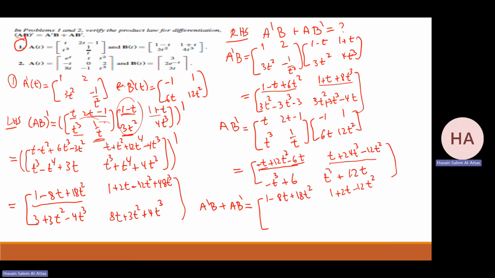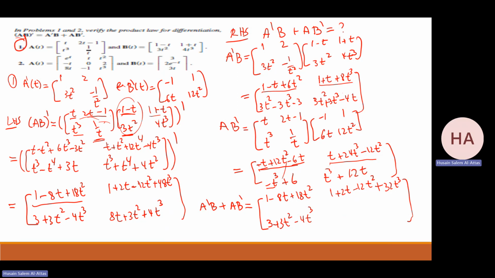There's a mistake somewhere here. Plus 8 plus 24 is plus 32t cubed. Okay. Now this one, I will look at it later. Minus 3 plus 6, that's 3. Minus 3 plus 6. 3t squared plus 3t squared. I have minus t cubed minus 3t cubed minus 4t cubed. Perfect.